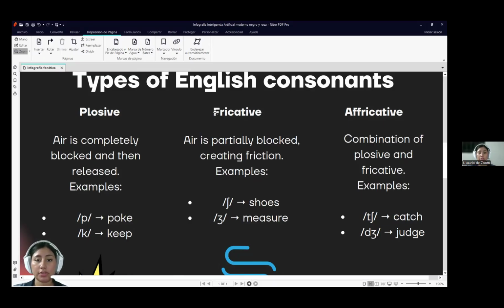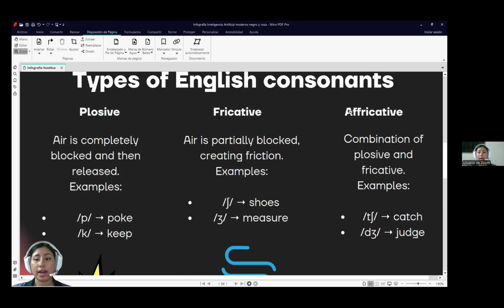In the fricative sounds, the air is partially blocked and we create friction. For example, with the words shoes, shoes, or measure, measure. Repeat: shoes, shoes, measure, measure. Excellent.